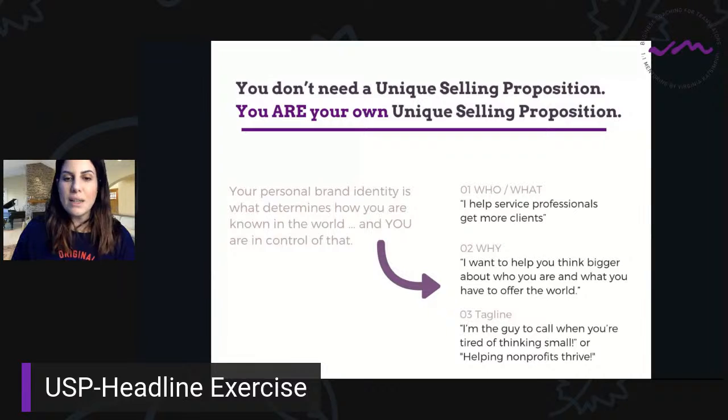So we will really focus on the who and what. So we are going to work on our headlines. I help who. In the who, you are going to put your ideal clients, okay, and your target market that we worked on yesterday together. To do what? This is the result, the value that you provide through your services to that specific client.